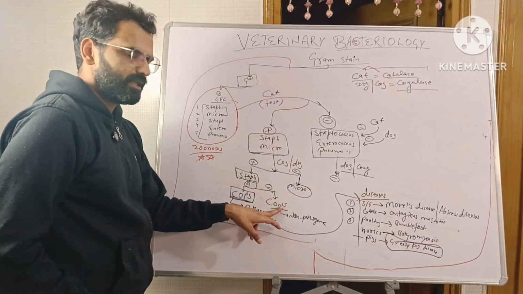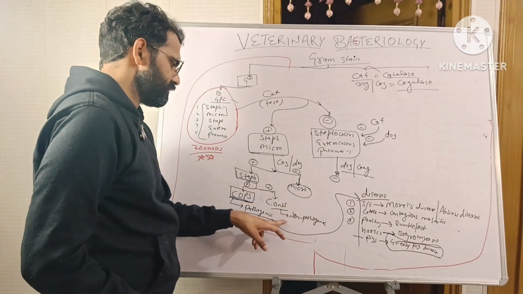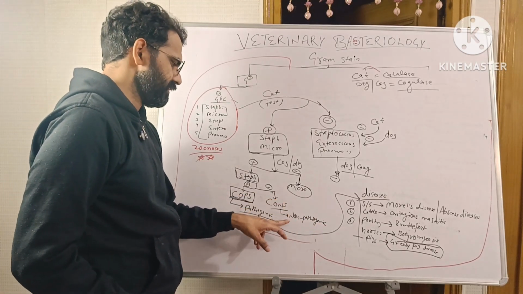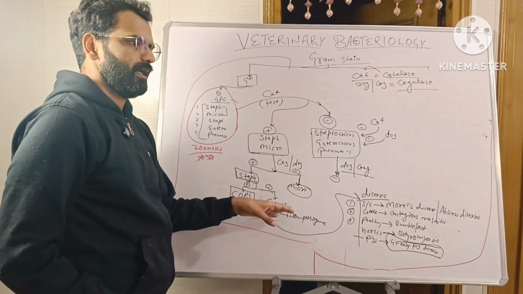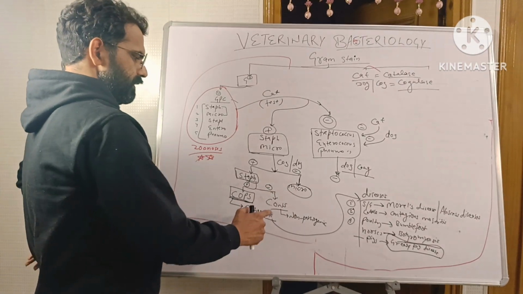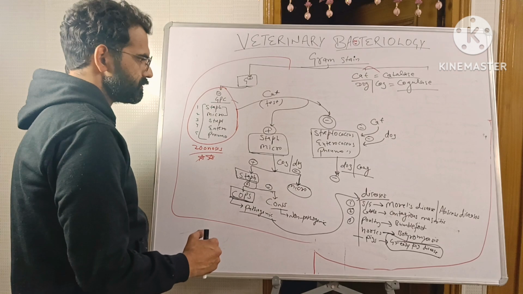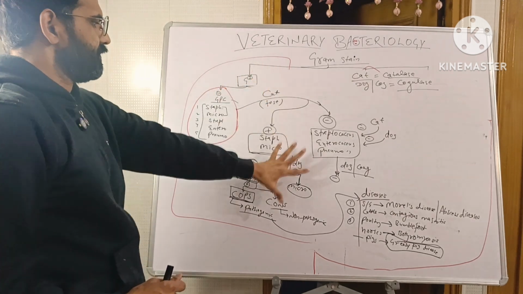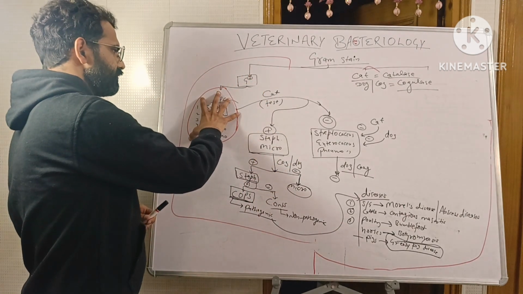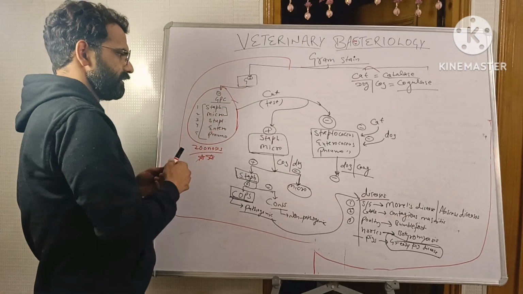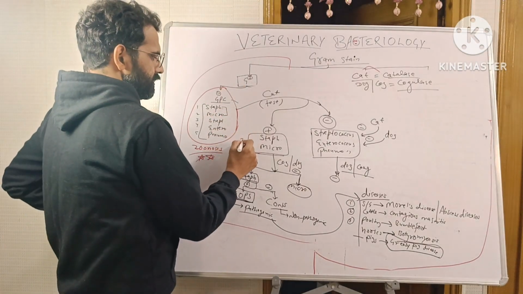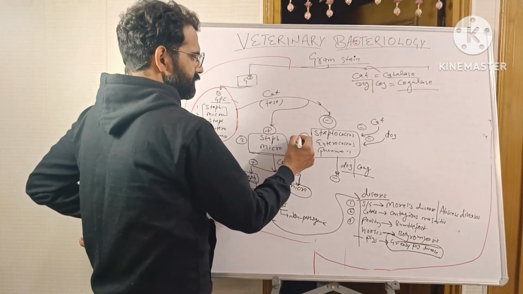coagulase negative bacteria also isolated from clinical diseases, like Staphylococcus epidermidis. So in this way, these 5 gram positive cocci are divided into 2 plus 3.